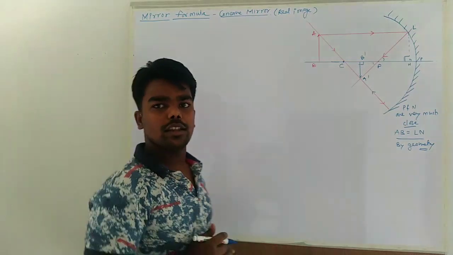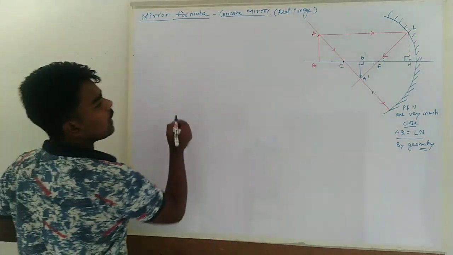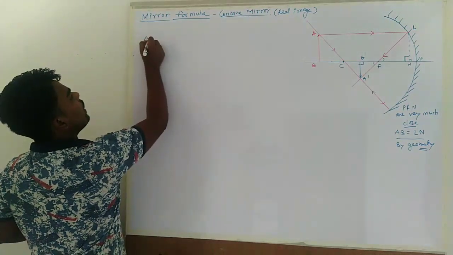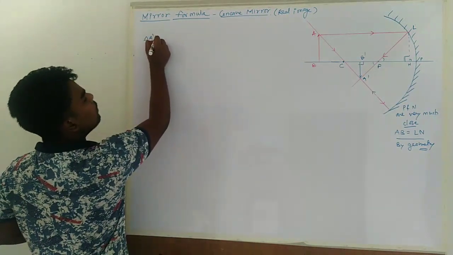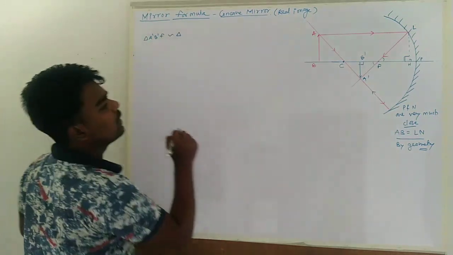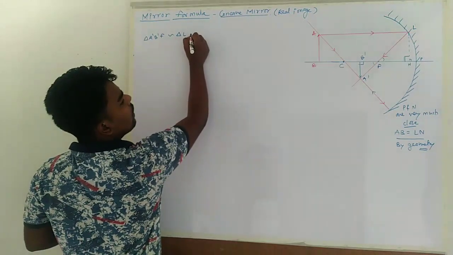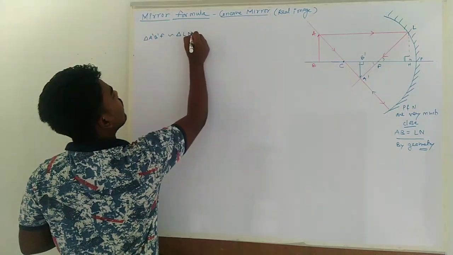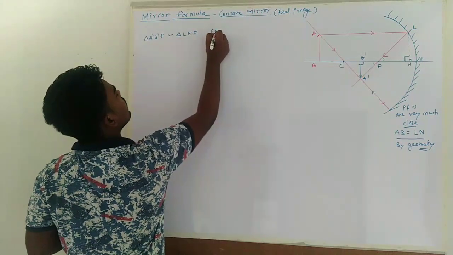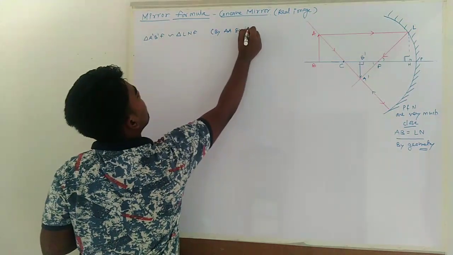So by AA similarity, or by AAA similarity, triangle A dash B dash F is similar to triangle LNF, by AA similarity.